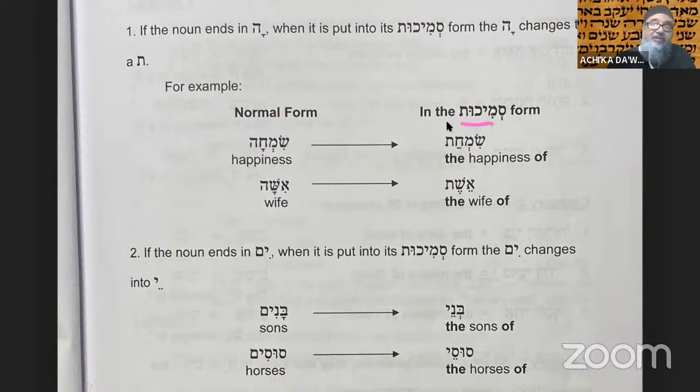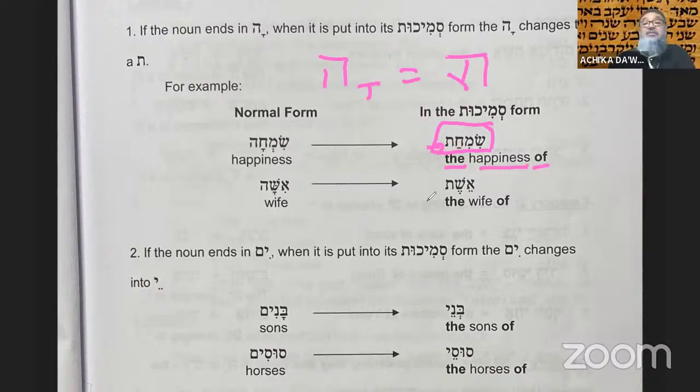So if it becomes the first noun that I put there, I have to change this ah to a tav. They want you to change it to a tav, and it still means the same thing, the happiness of.